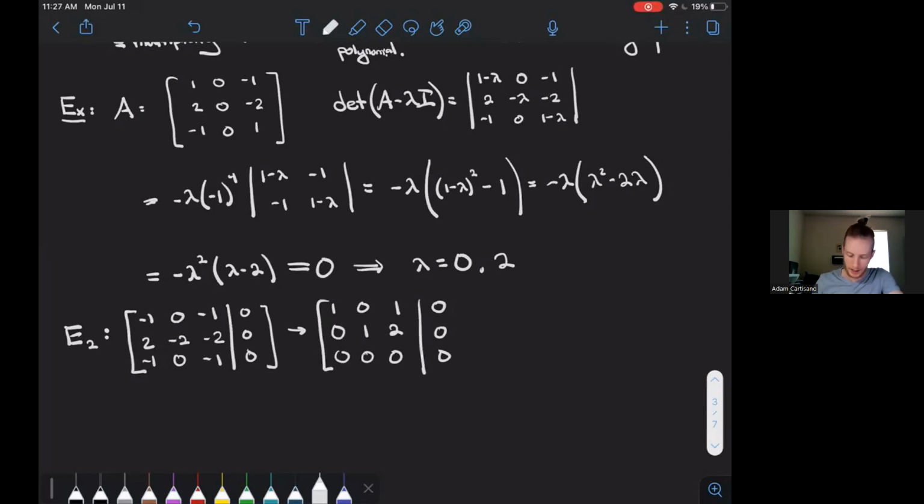Okay. And so now we have x1 equals -x3, x2 equals -2x3, and x3 equals just x3.